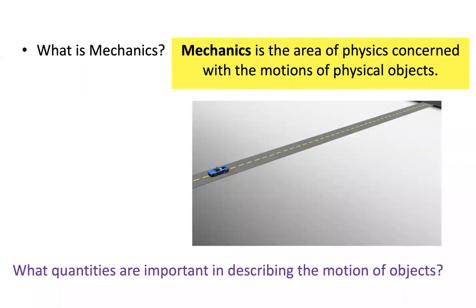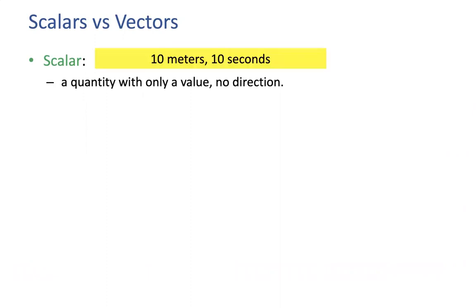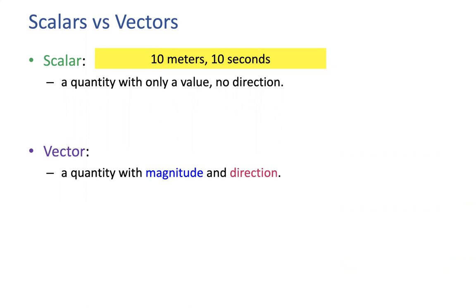Throughout the semester, you will need just the quantities we call scalars, like the car traveled 10 meters, or it took 10 seconds for this car to travel 10 meters. So just the quantities, scalars, or some quantities with a direction.